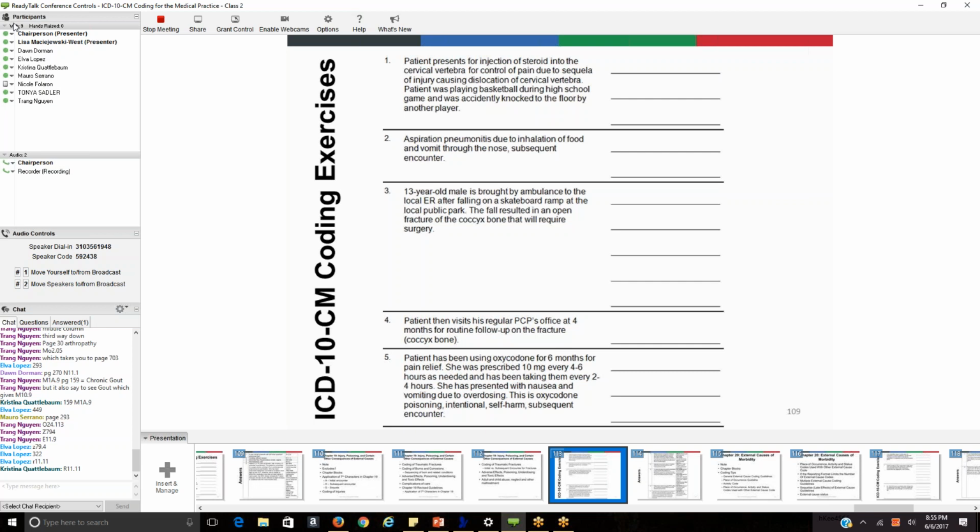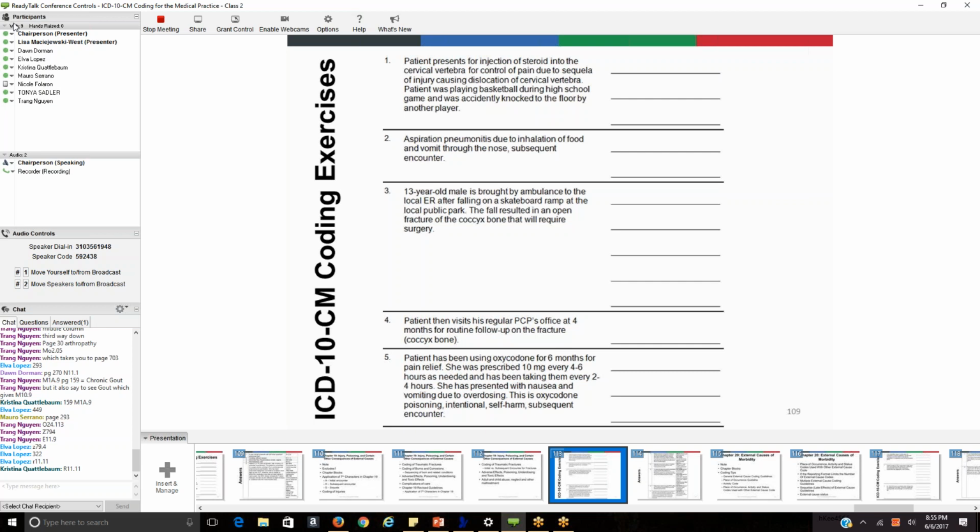The external cause would be a fall, okay? And then from fall, it would be ramp. W10.2, page 416, about 2/3 of the way down. So that's going to be your next code, W10.2.